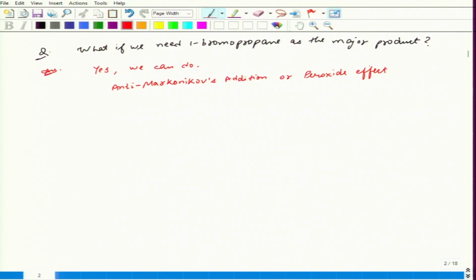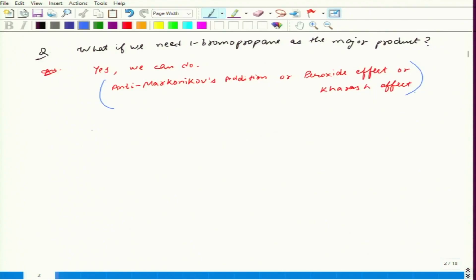I have stated these big names; now we will see what this rule actually states and how we can form the other product, 1-bromopropane, as the major product. So, let us see what we have to do in such cases.